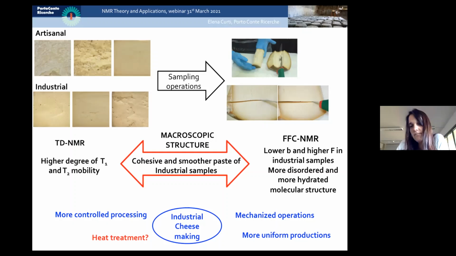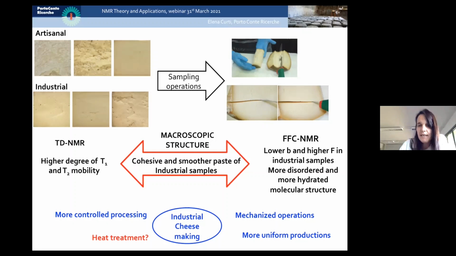We can say that these features can in some way be related to the processing, which in dairy industries involves more controlled conditions, very different from what the shepherd does when he produces an artisanal cheese.